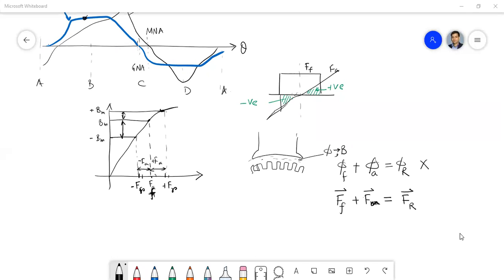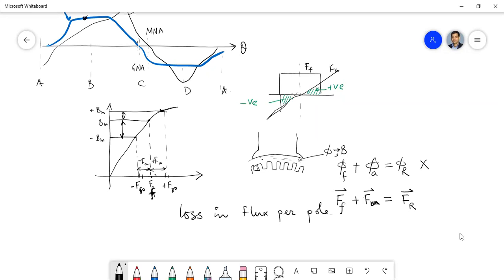This is the total flux per pole that you will lose. The loss in flux per pole is different, that you will get by integration.